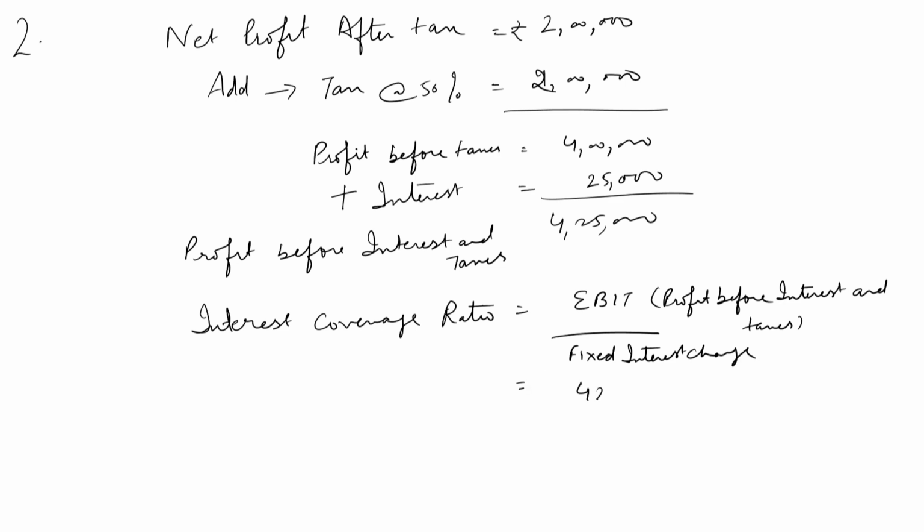We calculated EBIT amounting to rupees 4,25,000 and given in the question is the fixed interest charge of 25,000. It is 17 times.